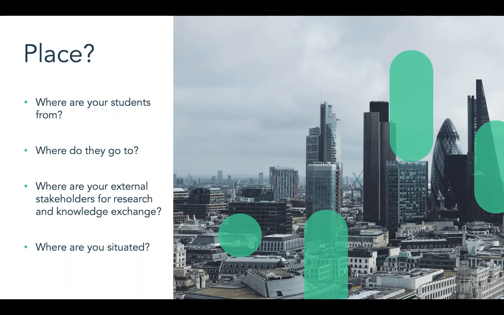It could be, in reality, the largest grouping of students you have come from your government office region, such as the West Midlands, for example. It could be you're a very local university and you draw primarily from your LEP region. It could be you draw many students from right across the country, but actually when you look to the groupings of students into employment, the biggest grouping of students is actually going into employment in your local area.